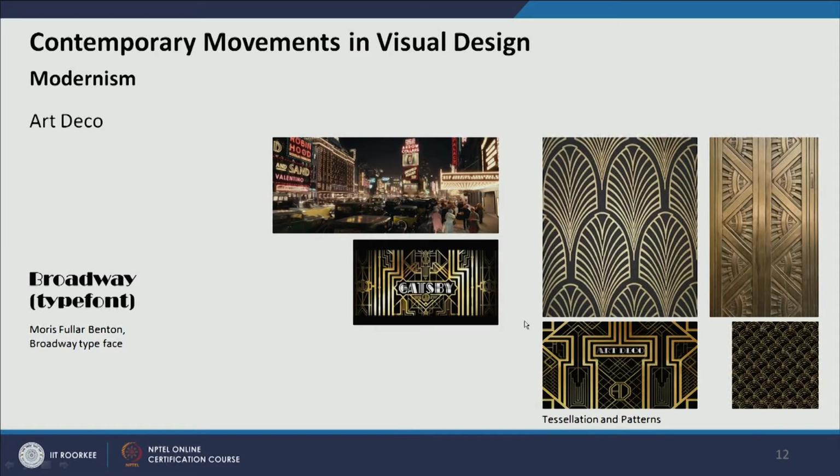You can see a lot of patterns in black and gold, black and metallic finish, to incorporate the industrial look. The incorporation of metal started invading interior design and architecture in this era, so metal gives the look of the Art Deco movement.